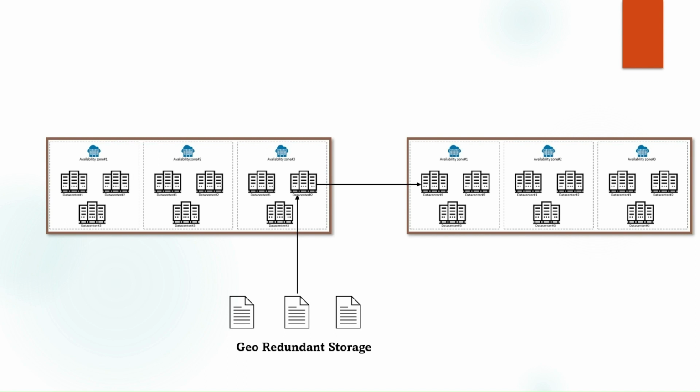GRS replicates data asynchronously to the secondary region that is hundreds of miles away from the primary region. So 3 copies are here and 3 copies are in the secondary region, but then it depends on the fault and update domains in the secondary region.